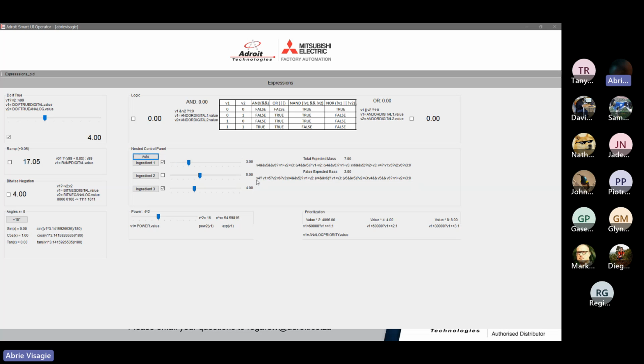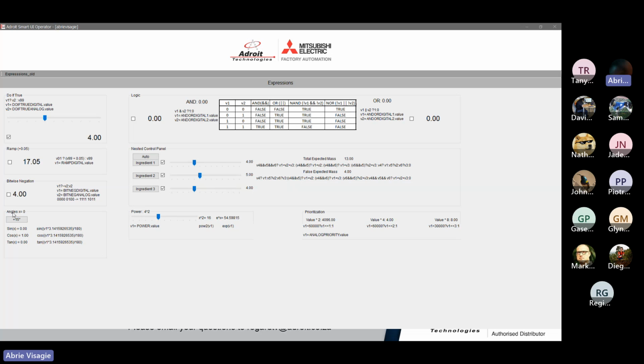But since we're only checking to see if digital 1 over here is being considered, once we see that this condition is met, we read the value and we ignore the rest of the expression. So although we see ingredient 1 and ingredient 2 is being considered or is expected, since ingredient 1 is the first one seen, it just gives us a single output from this part of the expression and ignores the rest completely.